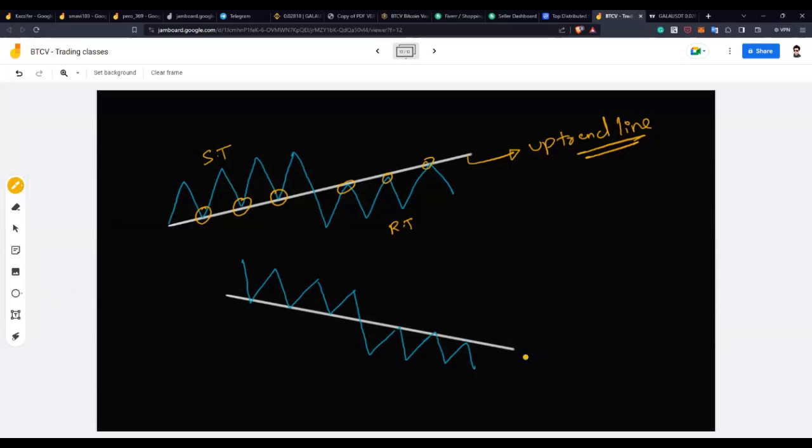This trend line is moving in the downward direction, but you can still call it a support trend line here and a resistance trend line right here. But the overall market from this point to this point is moving downward, so you can call it a downtrend line. So remember these two things: uptrend line, downtrend line, and any kind of trend line can act as support and as resistance. So there's nothing to be worried about.